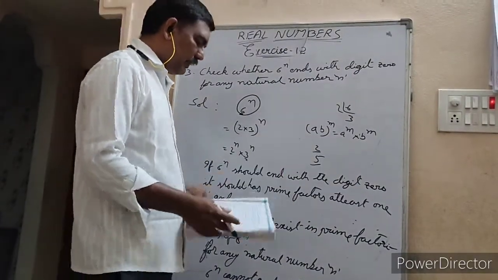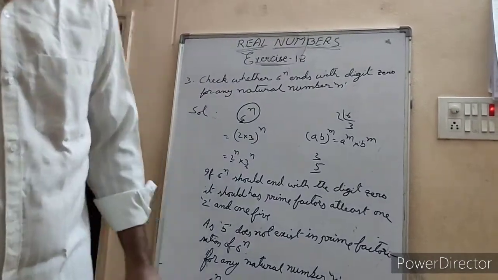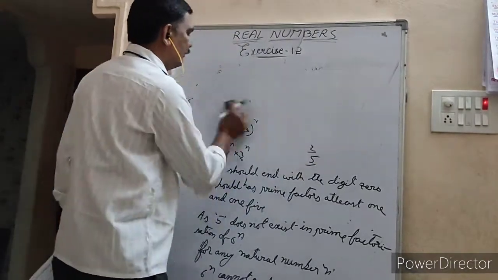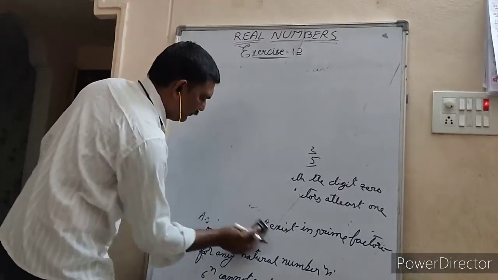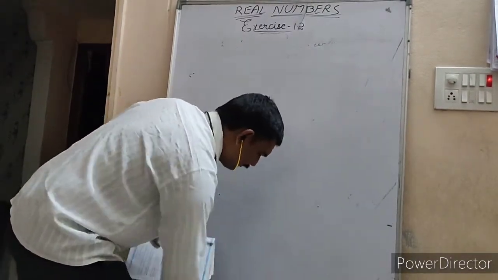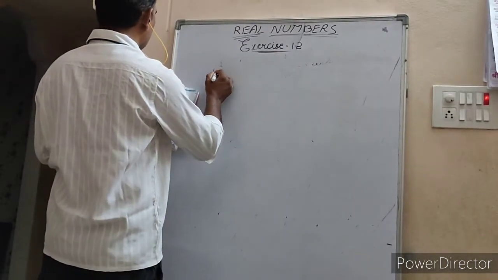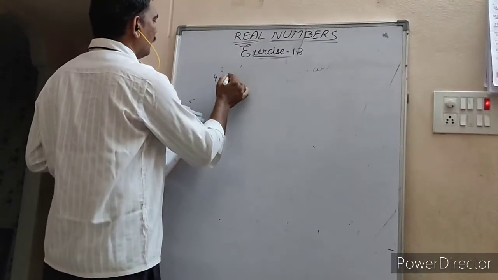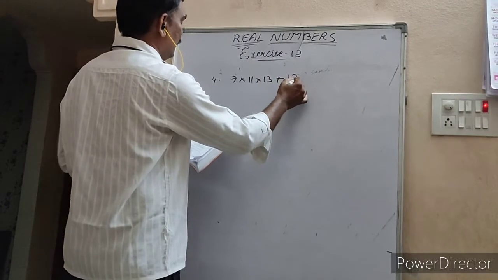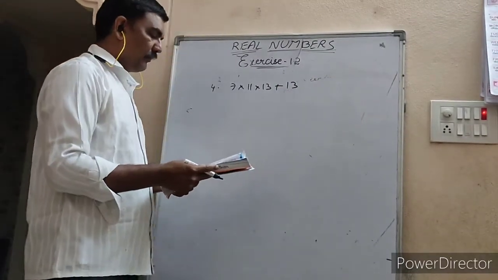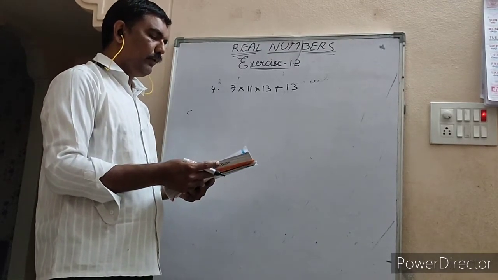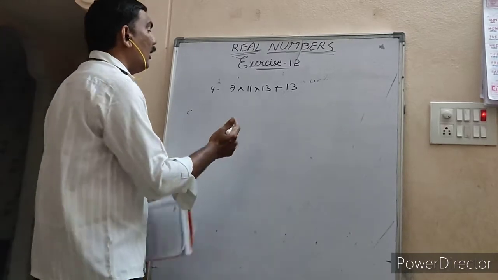That is the fourth problem. He has given: explain why 7 into 11 into 13 plus 13, and 7 into 6 into 5 into 4 into 3 into 1 plus 5 are composite numbers.